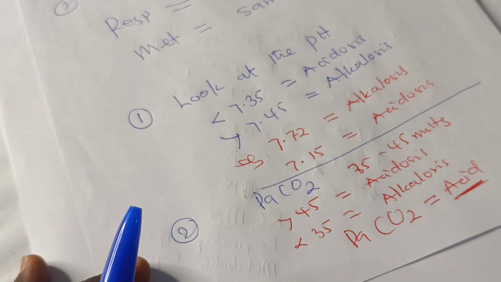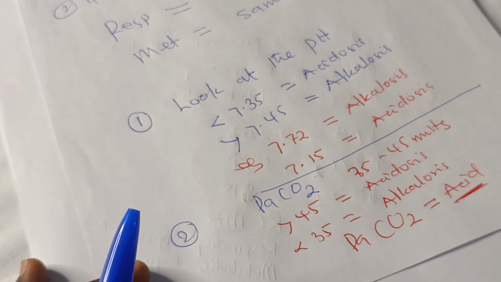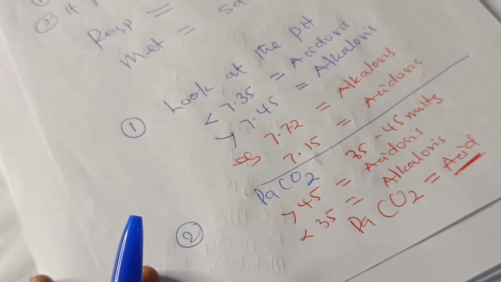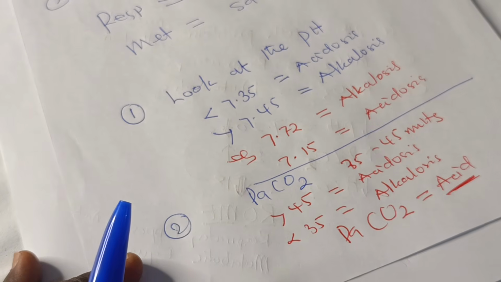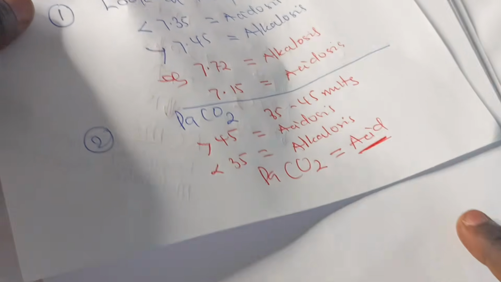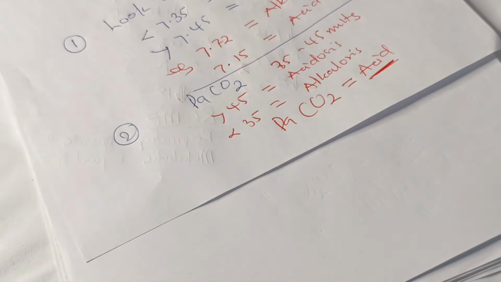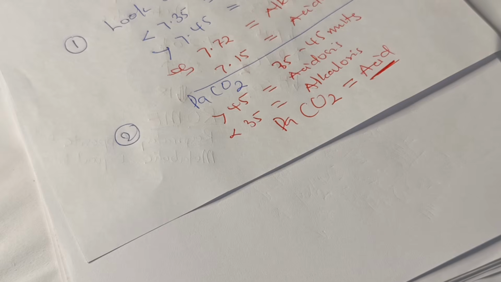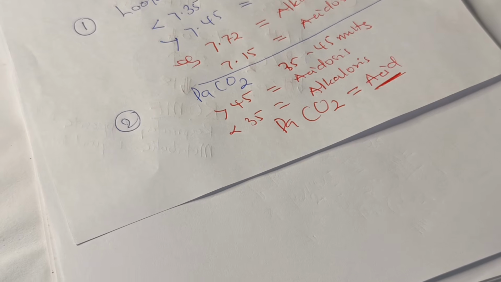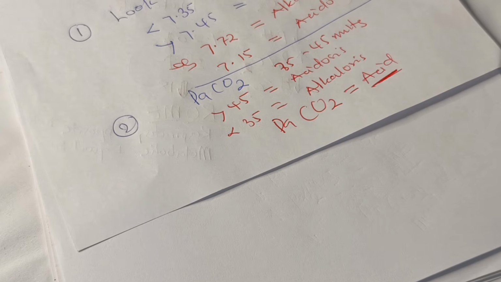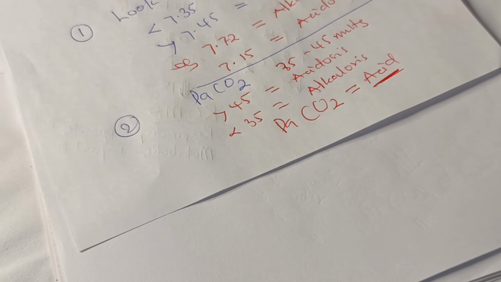That is why patients with poor ventilation, such as those with chronic obstructive pulmonary disease or respiratory depression, will retain carbon dioxide and develop respiratory acidosis.